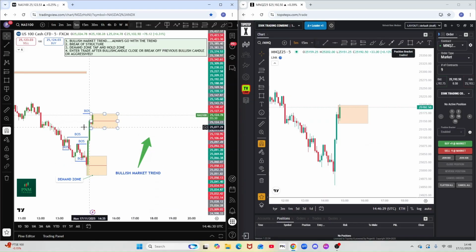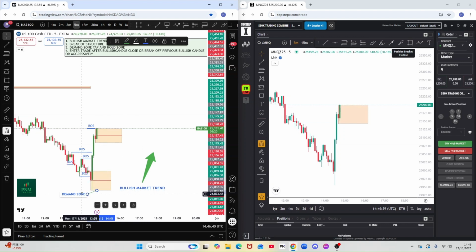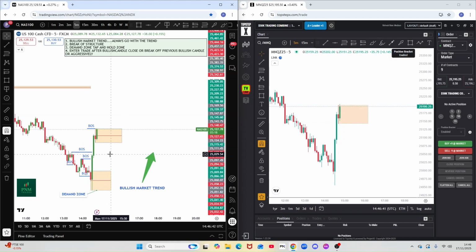I will wait for it to close first before considering an entry. Now we have another zone. Now this is another zone.